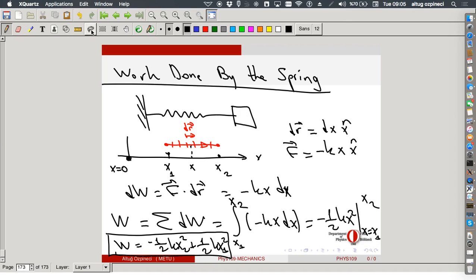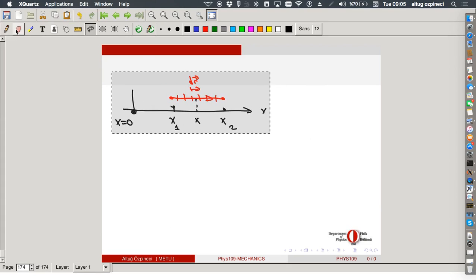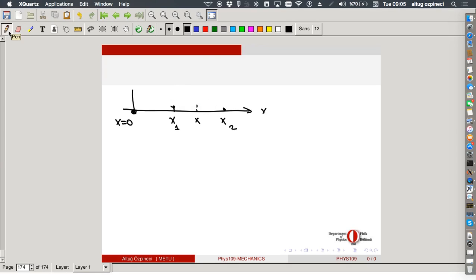Now let's see what happens if, instead of just carrying this mass straight from x1 to x2, I prefer to go through a wilder route. Now let us assume that I start from x1.